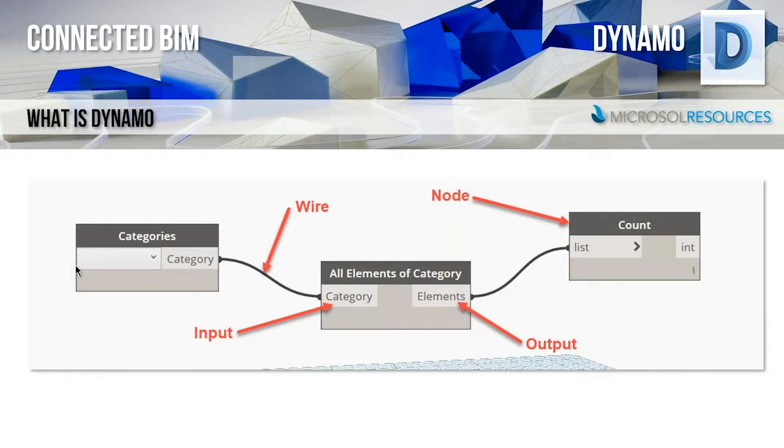So this image here is kind of Dynamo 101 in a more digestible diagram. Just to give you an idea of how Dynamo works, each node that we have here performs a specific task, and the nodes have inputs and outputs. The outputs from one node connect to the inputs of another node via these wires, and the program, or graph, basically flows from node to node through the network of wires, resulting in a graphic representation of the steps required to achieve the desired output.